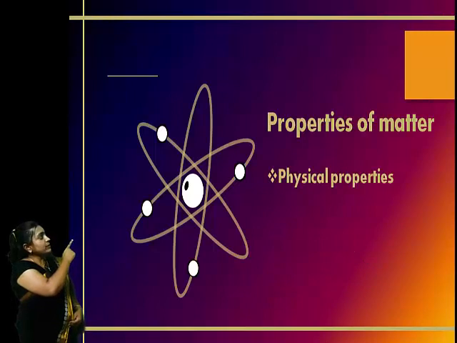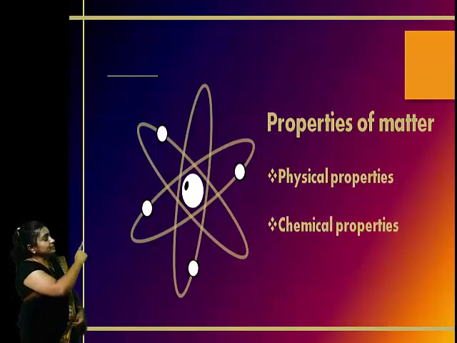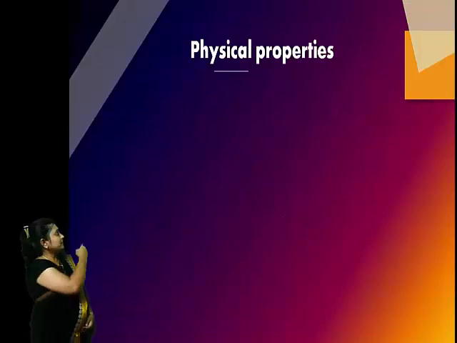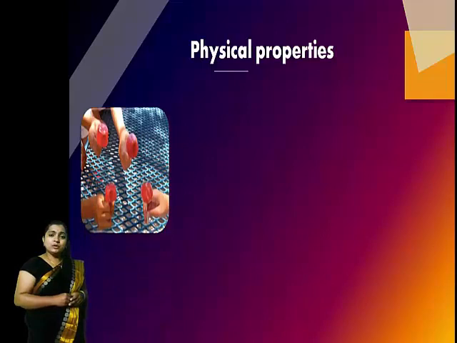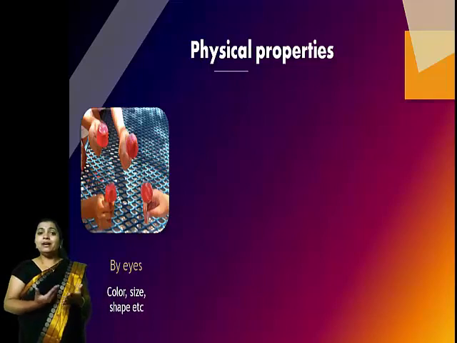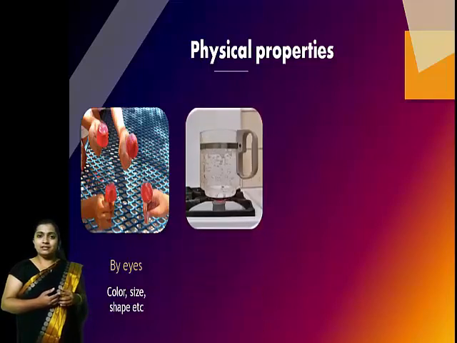Properties of matter. There are two types of properties: physical properties and chemical properties. Let's learn about physical properties. Physical properties are those properties which can be sensed by our senses. For example, by eyes, we can see size, shape, color.